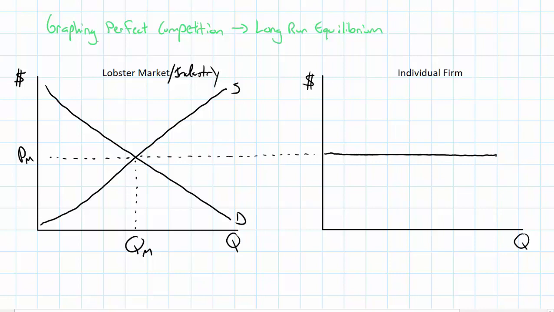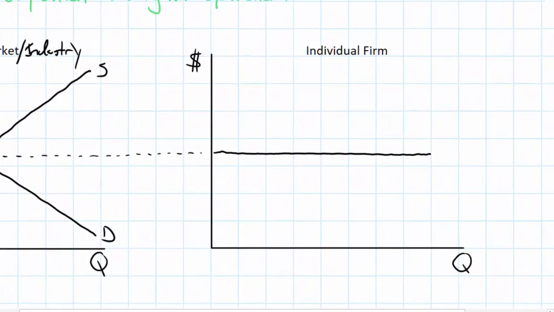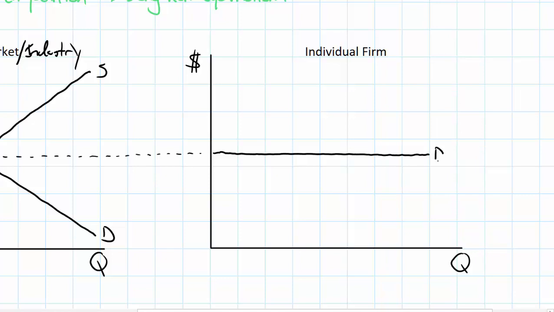Now, this demand curve is actually a few things all at once. It is the demand. It is also the price of the good. And because this individual firm can sell as many goods as it wants for the same price, it is also the change in total revenue, which is marginal revenue.